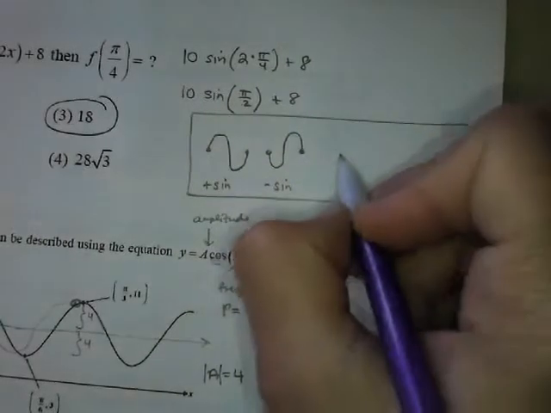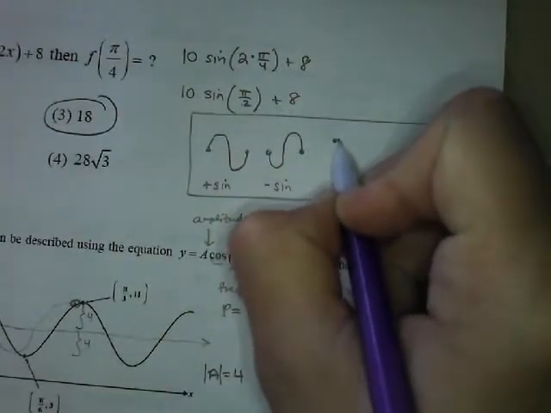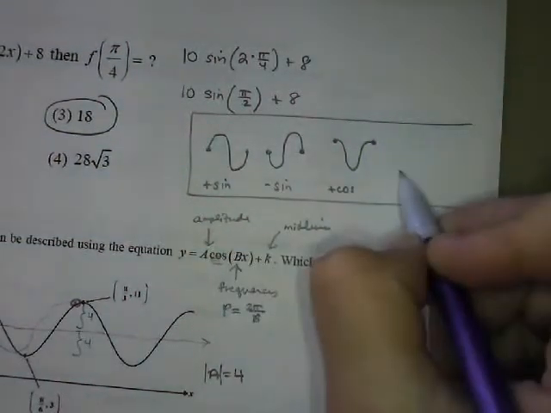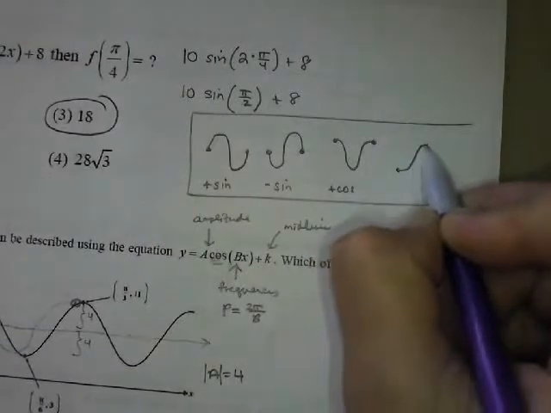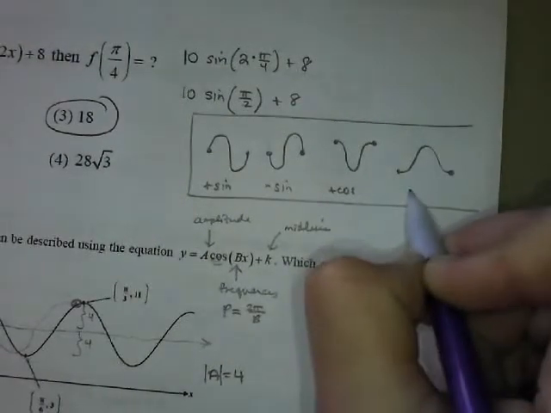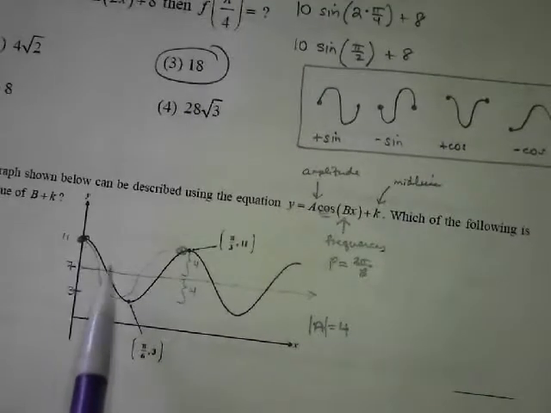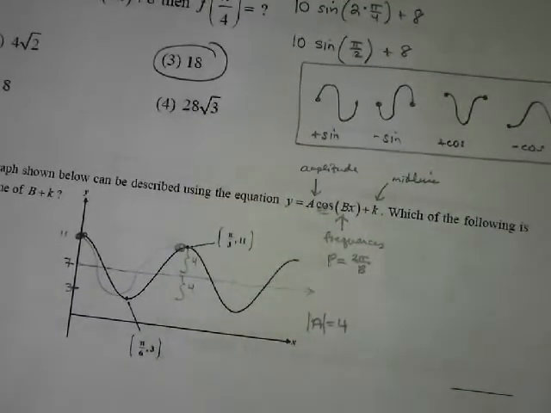And then a positive cosine starts at a maximum, ends at a maximum, and a negative cosine starts at the minimum, ends at the minimum. So because this one is starting at a maximum, it's a positive cosine. So A itself is actually 4. But it's something you should process because the amplitude is always positive. But the value for A can sometimes be positive or negative.